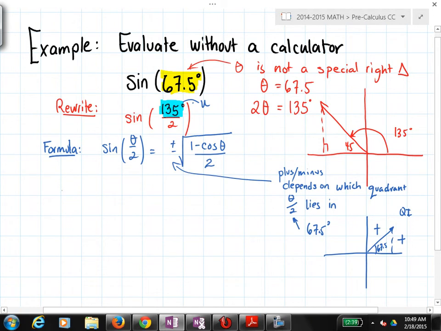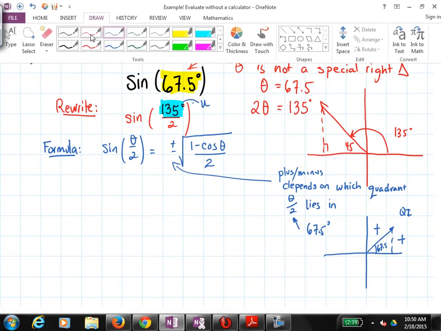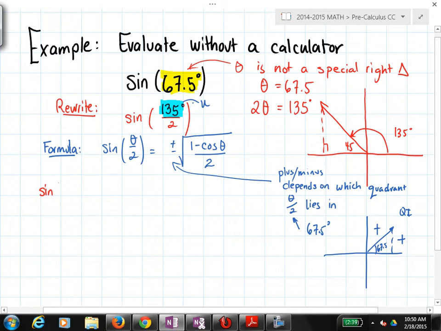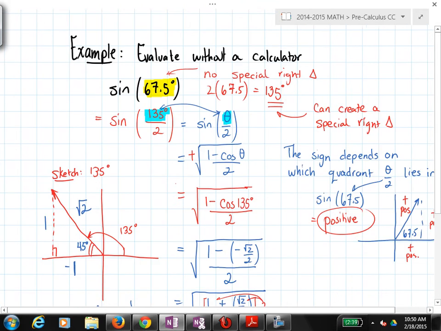Now I'm going to go back and rewrite my problem and indicate that this is sine of 135 degrees divided by 2, which is 67.5, equal to simply the square root of 1 minus cosine of what? What's the angle here?